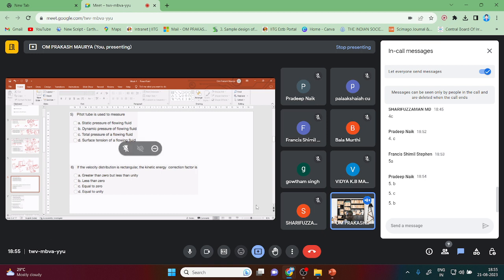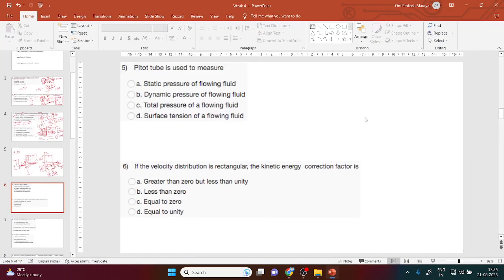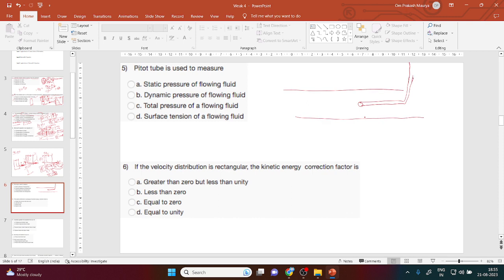Okay, let me discuss question number 5. Let's assume a pipe flow and you are putting the pitot tube here. The height is like that.